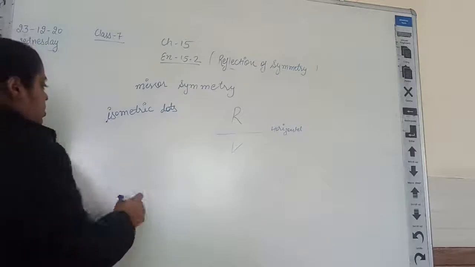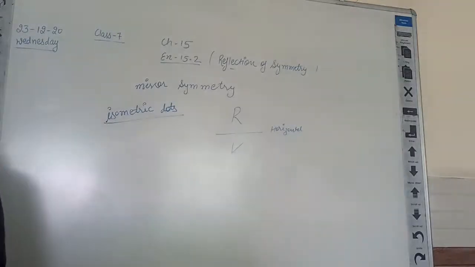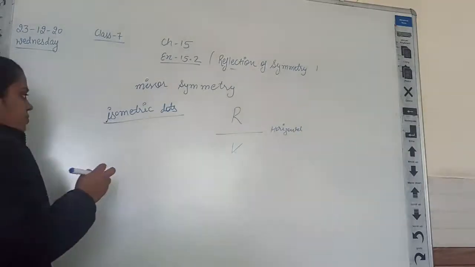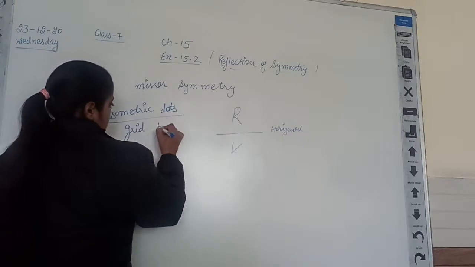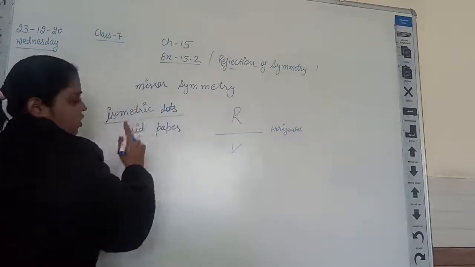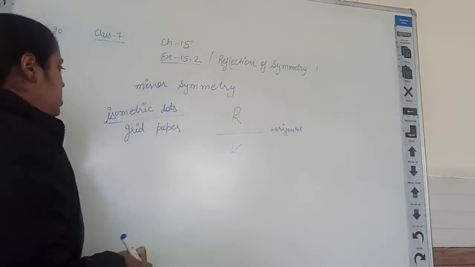How does this work? Isometric dots क्या होती हैं? And the second thing, that is grid paper. These are the two ways. First one, isometric dots, and the second one is grid paper. Now see how they both work.